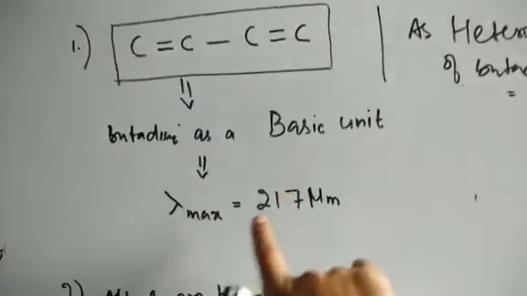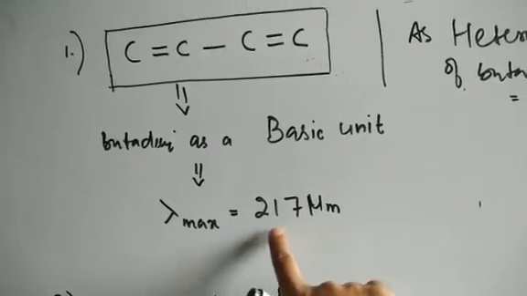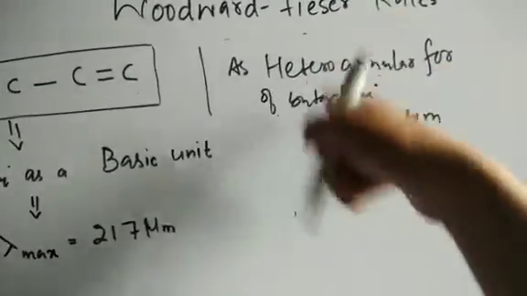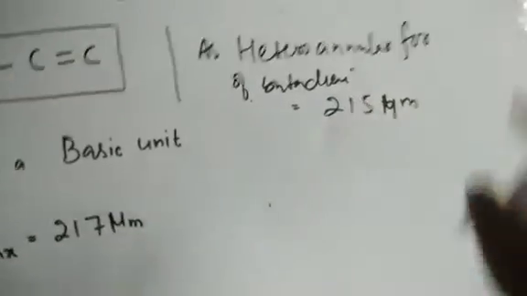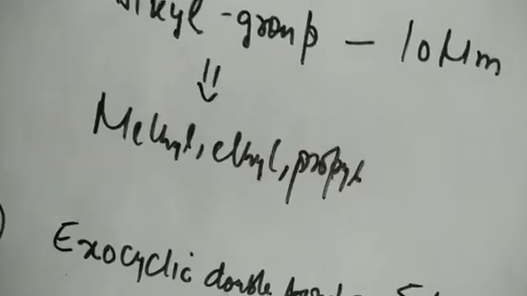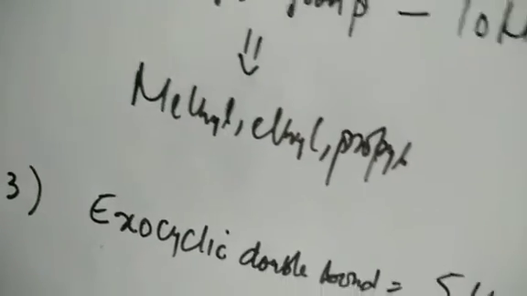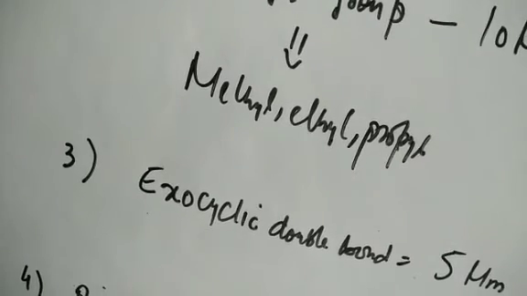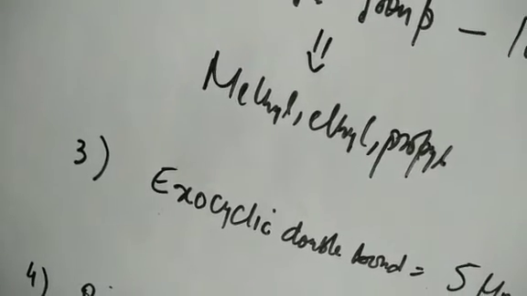If it is this type of system, cyclic or open chain, it's 217. If it is heteroannular in the rings, that is 215. Okay, then we can take some more examples of compounds.